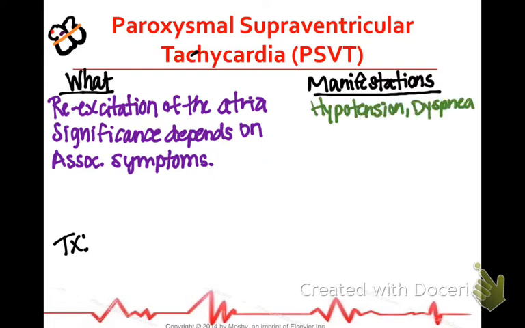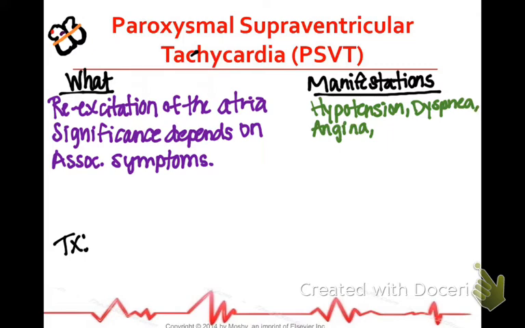As far as manifestations, they may have low blood pressure, because think, okay, if my heart's going 180, then it's not completely filling properly, right? And if it's not filling properly, then I'm going to have decreased cardiac output, decreased blood pressure. Does that make sense? Might have shortness of breath. Might have chest pain.